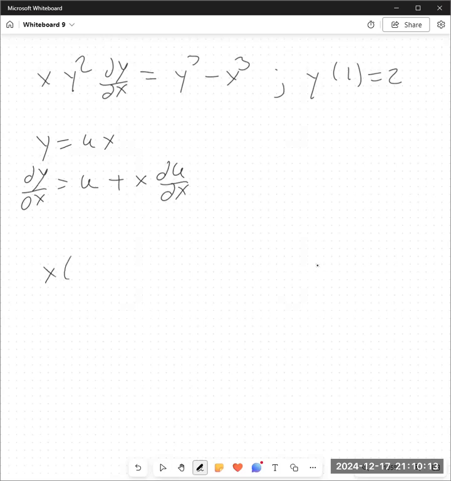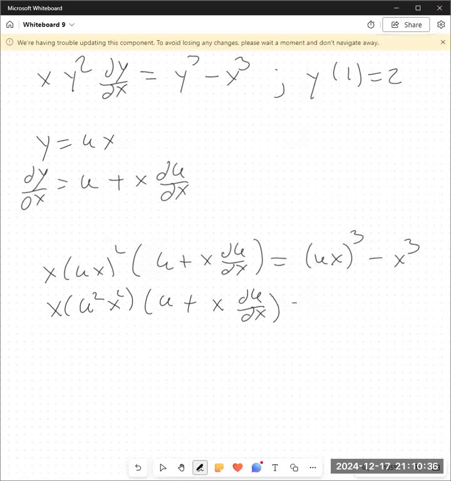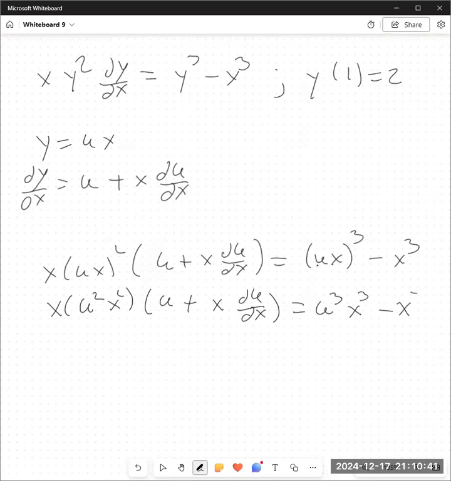X times ux quantity squared times u plus x du dx is equal to ux cubed minus x cubed. So x times u squared x squared, so u plus x du dx is equal to u cubed x cubed minus x cubed.